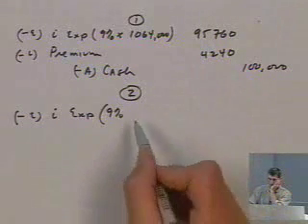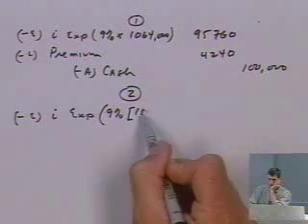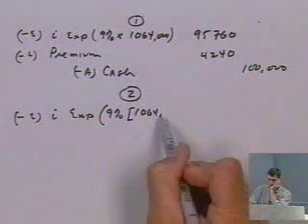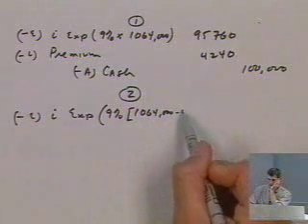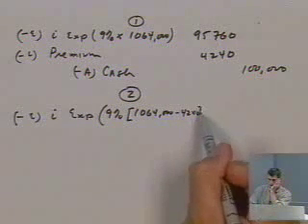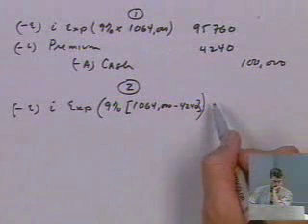What's the net book value of the bond? The net book value of the bond is going to be 1,064,000 less 4,240.